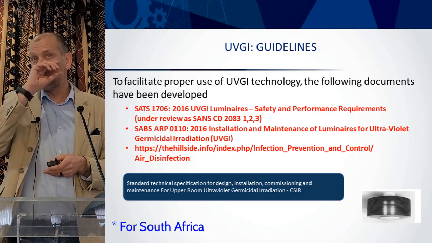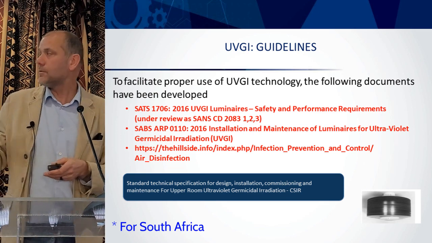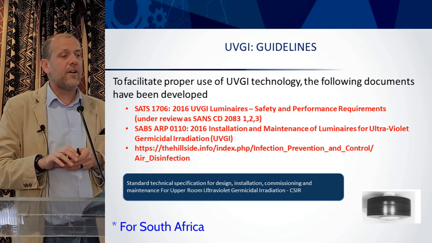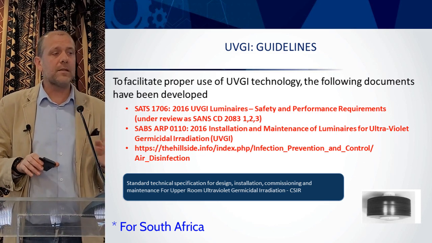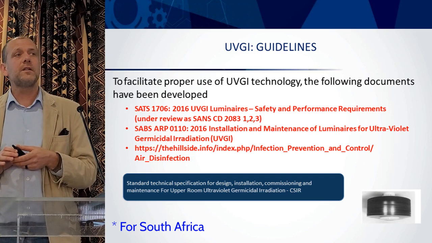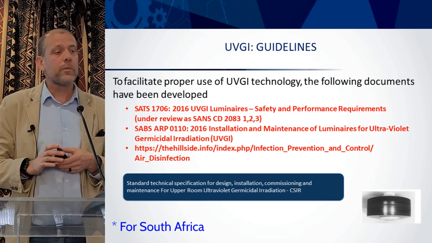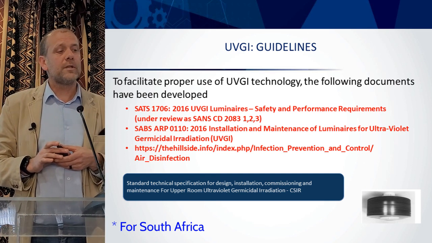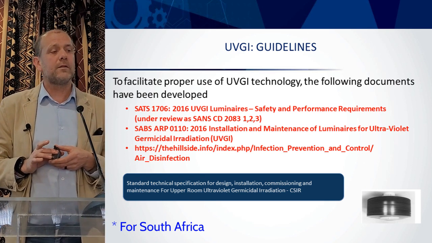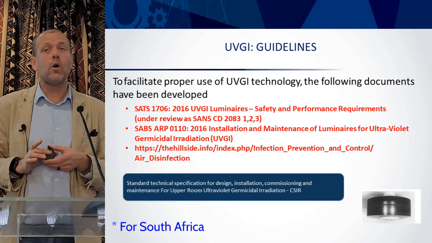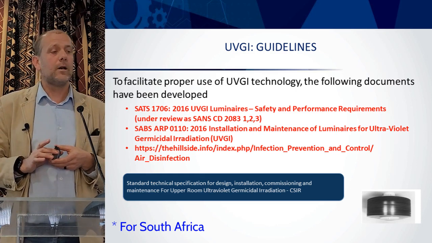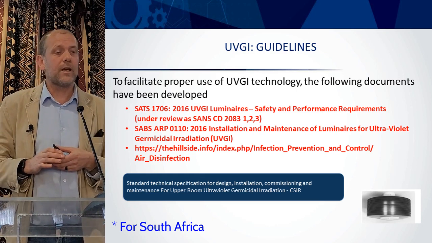To facilitate the proper use of UVGI, the following documents, another typo, apologies for that, have been developed. In existence, there's a SATS 1706, a South African technical standard. It was drafted in 2016. It is under review. That document is coupled with the South African Bureau of Standards Recommended Practice Guide, ARP 0110, which is available to download.